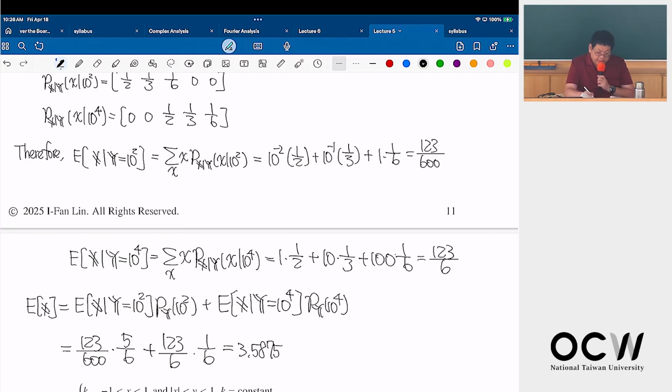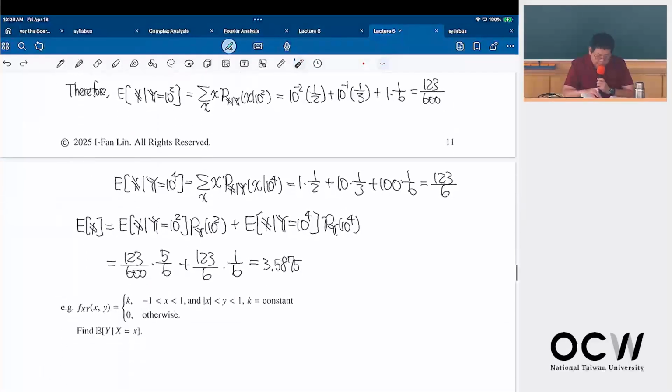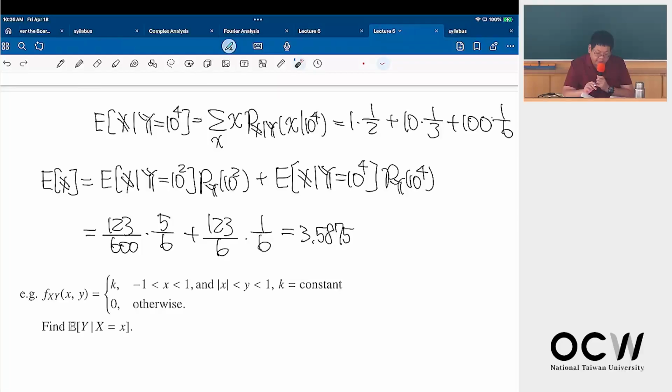Okay, next example. If you don't have any questions about this, I have my joint PDF of x and y, and I want to find the conditional expectation of y given x fixed. In this case, this is a conditional random variable, so I need to find the conditional PDF, because I consider all possible outcomes times their corresponding weightings.